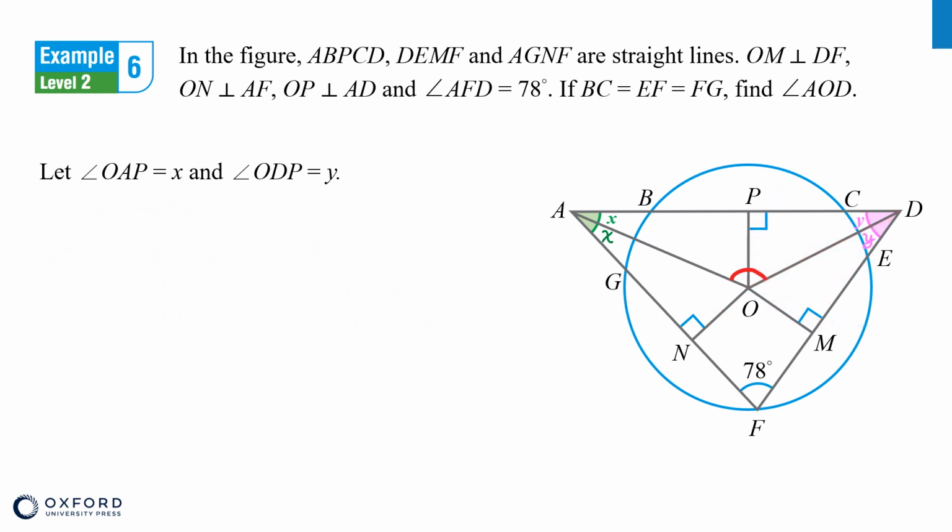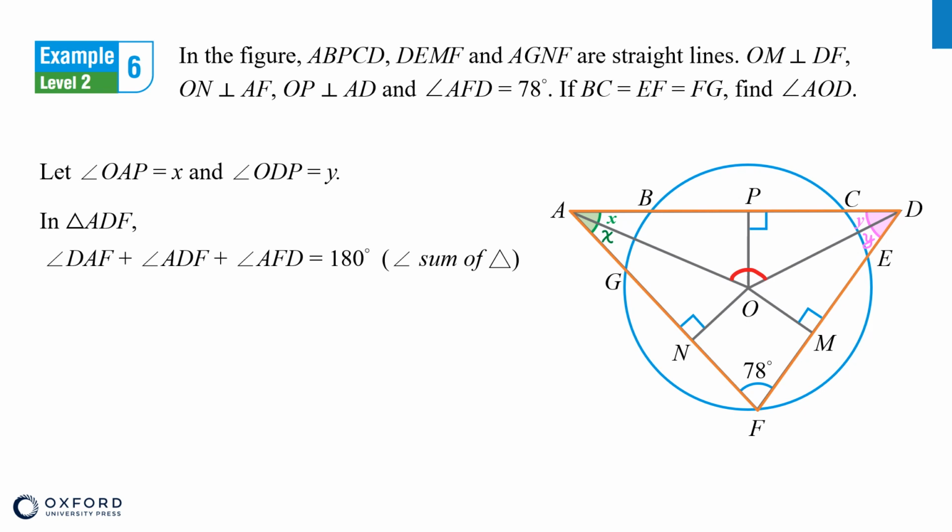Now we can turn our attention back to triangle ADF. The sum of angles of a triangle equals 180 degrees. So x plus y plus y plus 78 degrees is equal to 180 degrees. Solving it, we have x plus y is equal to 51 degrees.